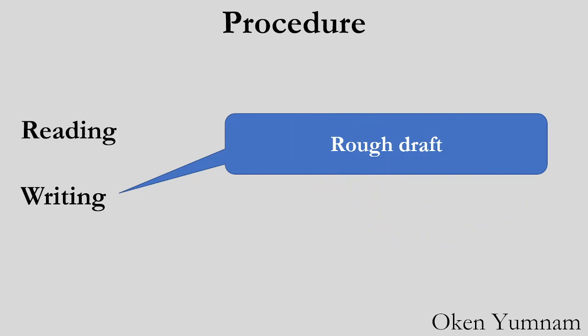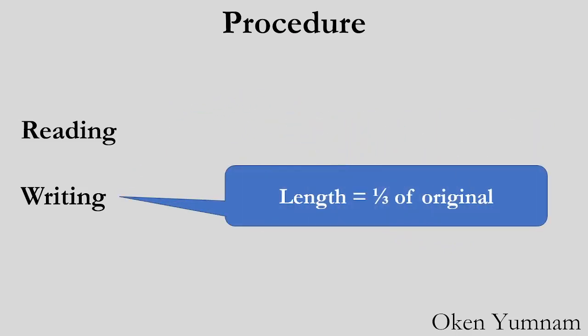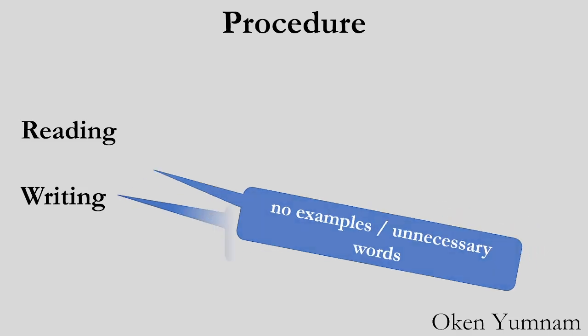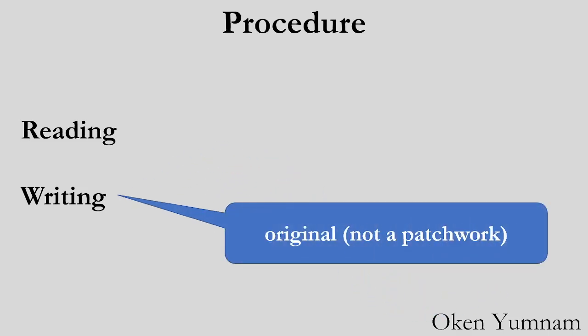Once this is finished, we have to write the rough draft, and the length we maintain should be a third of the original, as mentioned earlier. We have to remove all the examples and unnecessary words from the text. The writing should be an original piece of work, not a patchwork copied from the first, middle, or end.